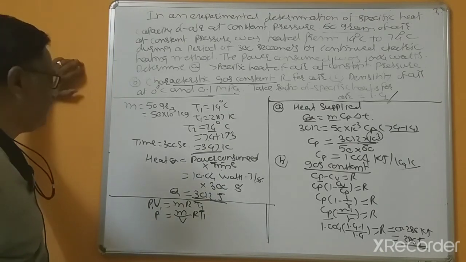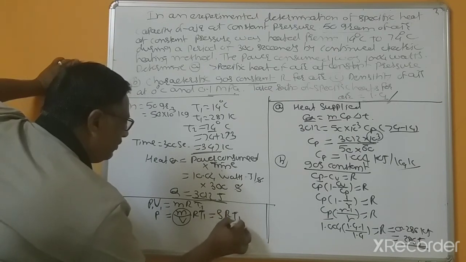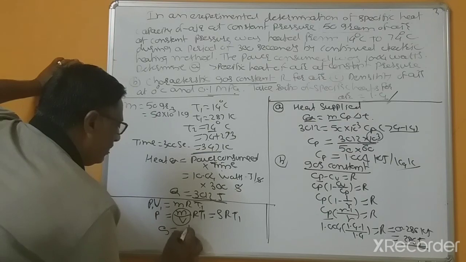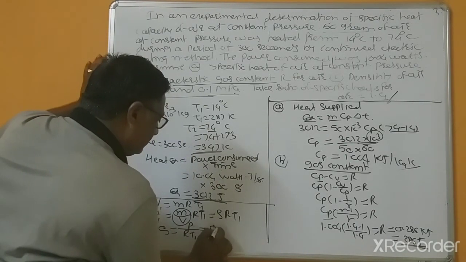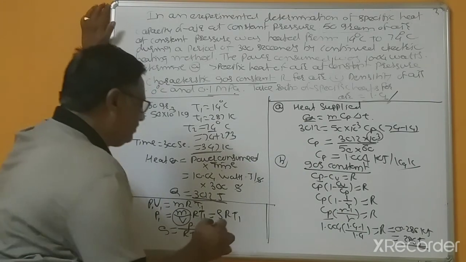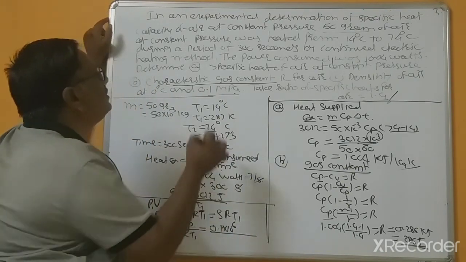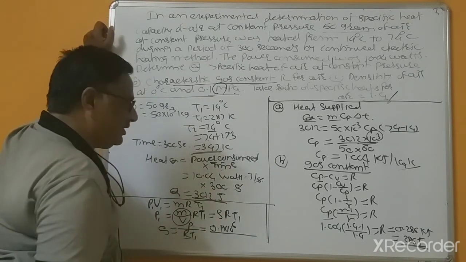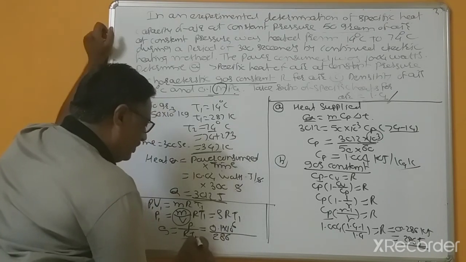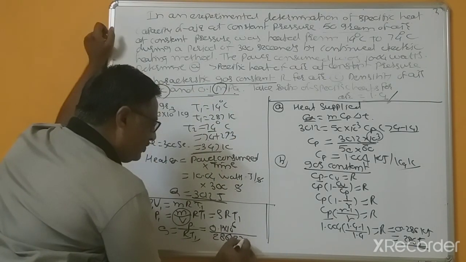The density equals P divided by R T1. Pressure P1 is 0.1 megapascals, multiplied by 10 to the power 6 to become Pascal, R is 286 joule, and T1 is 0 degrees centigrade, meaning 273.